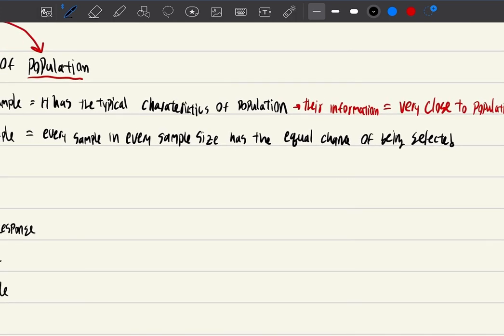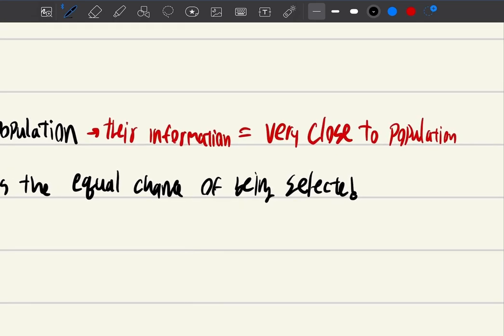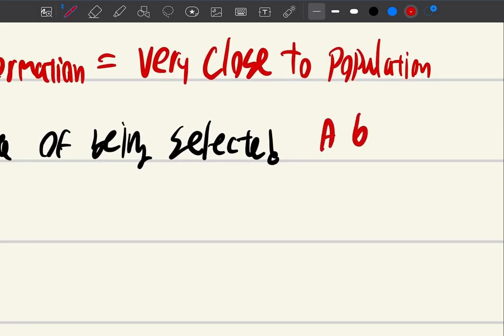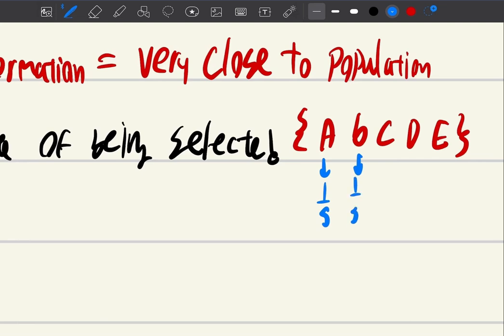For example, A, B, C, D, E in one set. The probability that each is selected is 1 over 5.